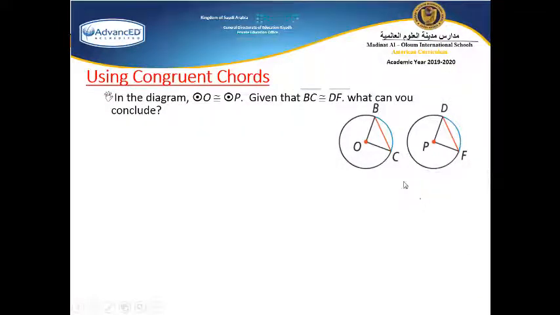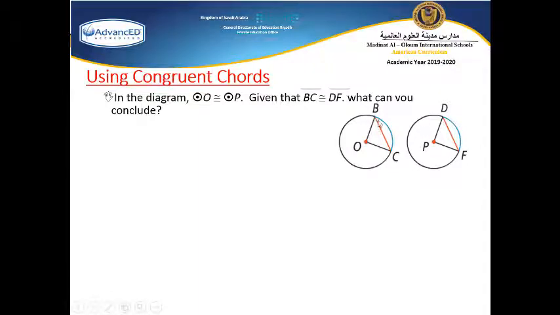Let's solve some questions. In the diagram, circle O and circle P are congruent. Given that segments BC and DF are congruent, the two chords are congruent. According to the previous theorems, the relation between the chords and the central angles, or the chords and the arcs, let's find the conclusion.